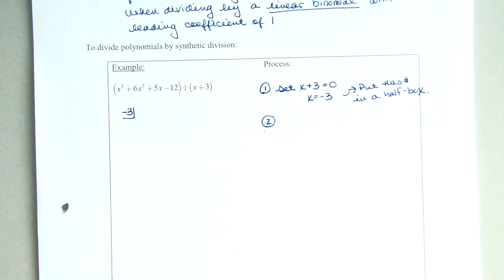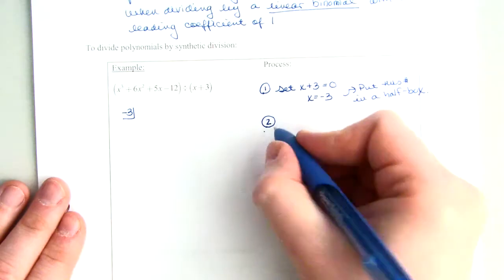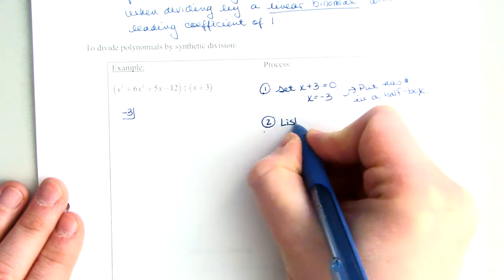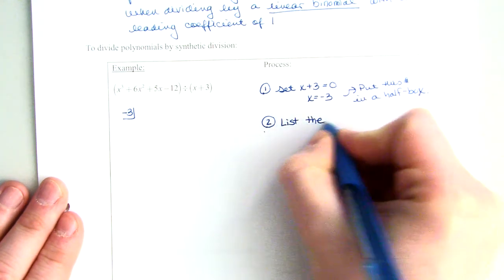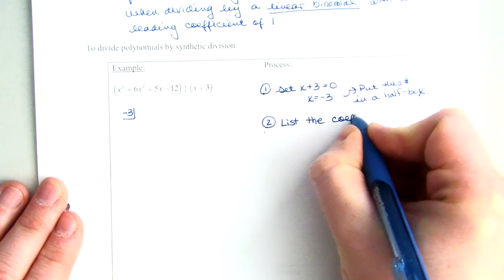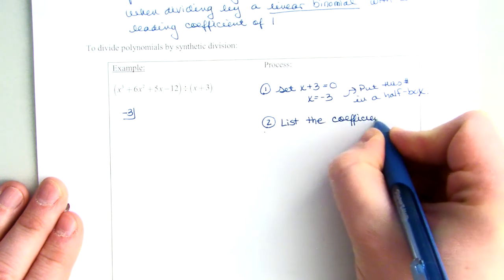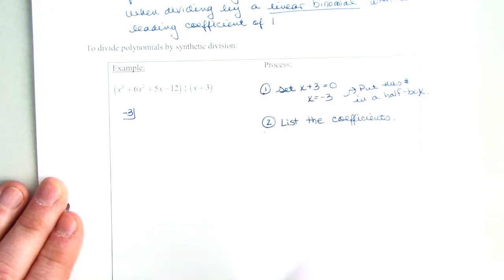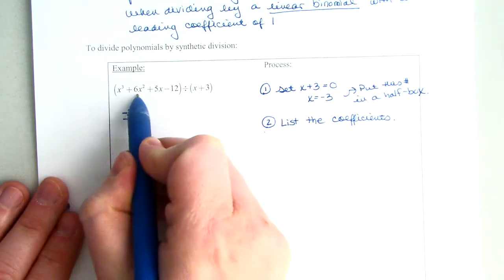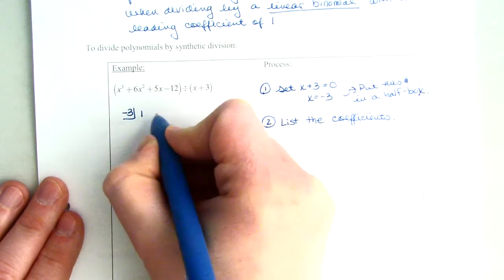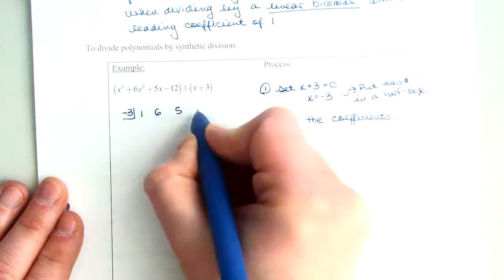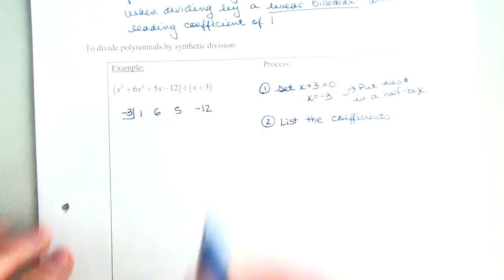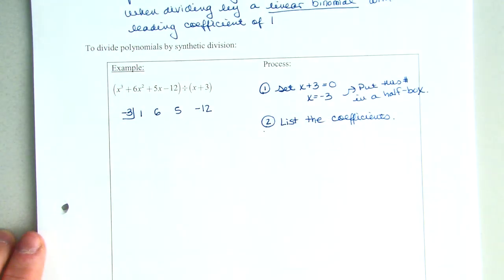Step number 2. I'm going to list my coefficients: 1, 6, 5, negative 12. By the way, if you're missing a term, just like we saw with long division, we still need to include a space for it.